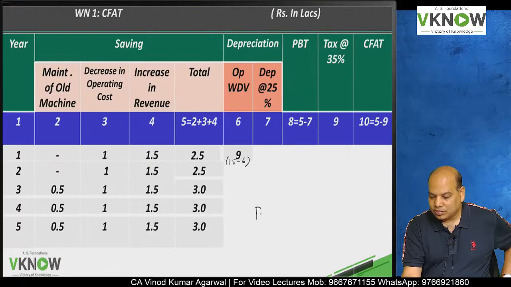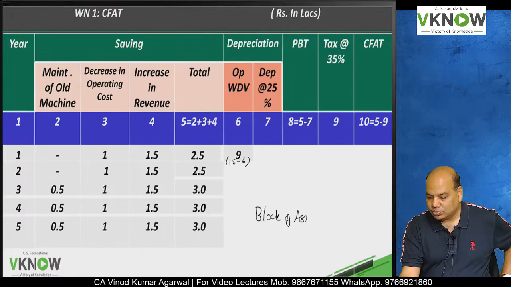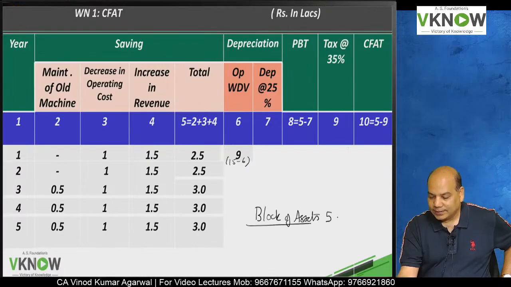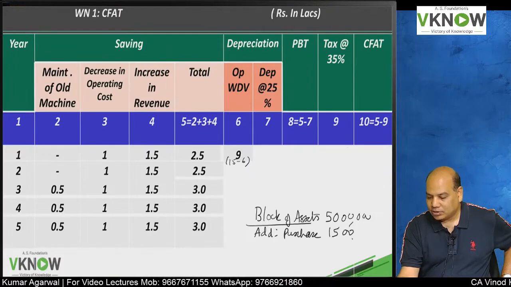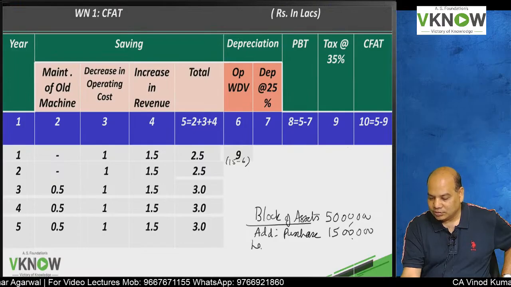Suppose I put a dummy number for the block of asset value. There are many machines. Let us say 50 lakh. Then your income tax teacher will tell you to add the purchase of 15 lakh. I am not an income tax teacher. Less sale value.